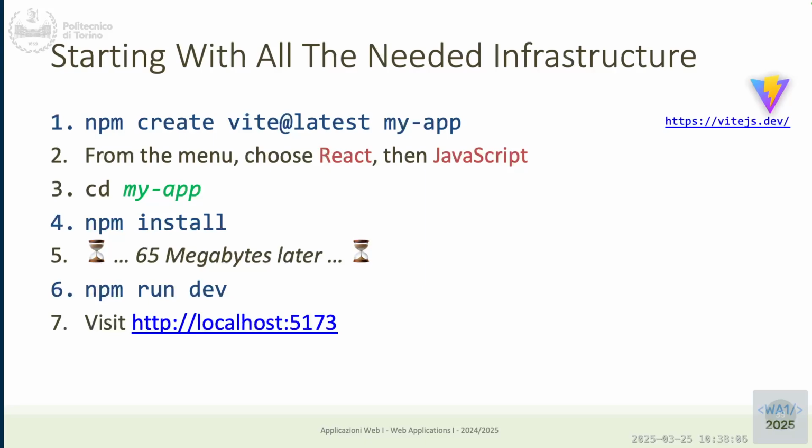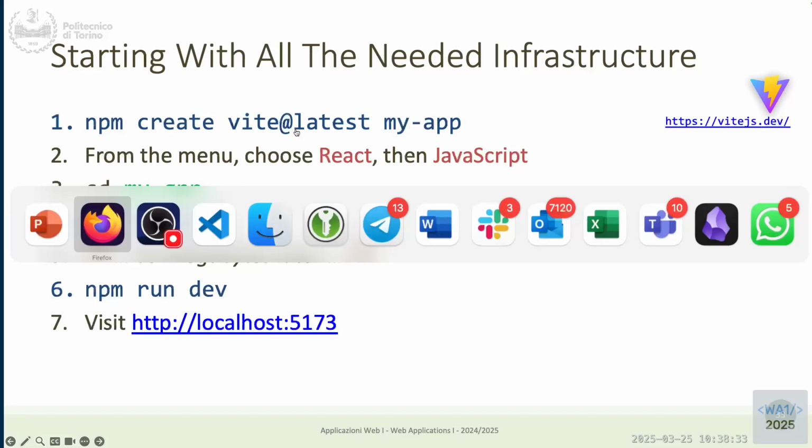So there are tools that help us to create a project with all the settings, and we are going to use this Vite. I don't know if you pronounce it the English way or the French way, because they want to suggest fast, so I would probably think the French way. But to create a new React application, let's follow these steps and see what happens.